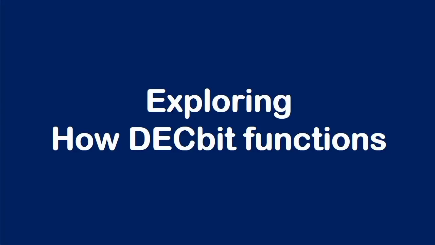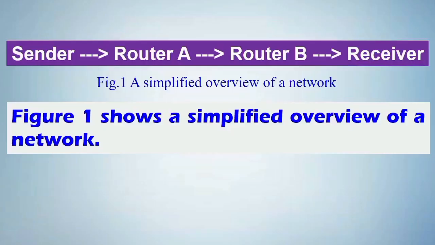Next, we will explore the inner workings of DECbit within a network. Figure 1 shows a simplified overview of a network. In Figure 1, the sender is a device or system that is transmitting data packets to a receiver over a network.